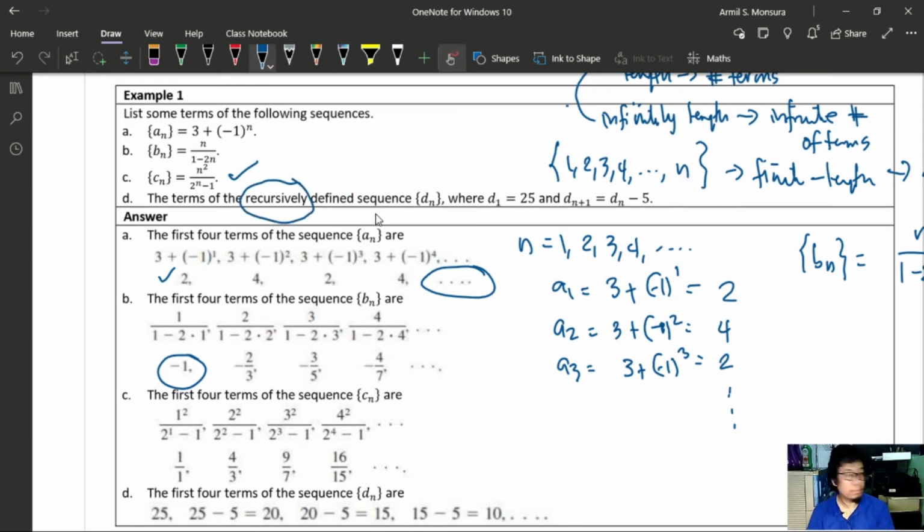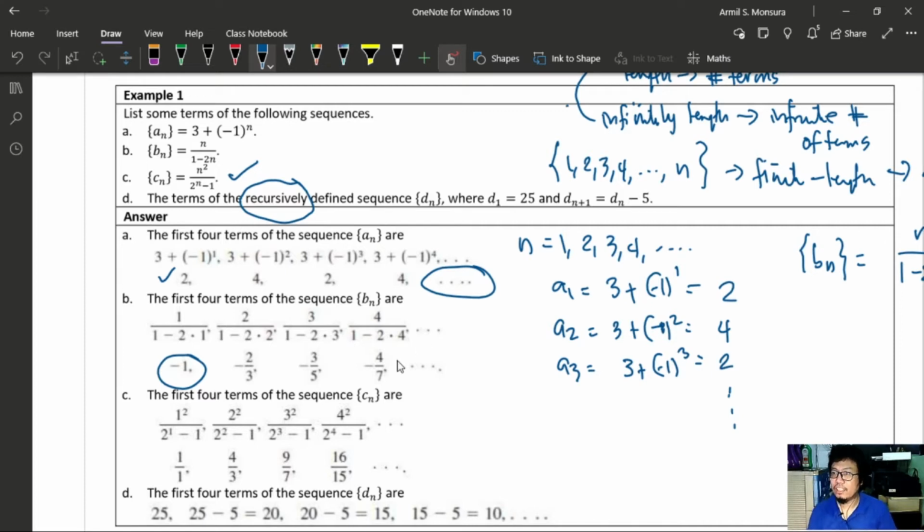When you say recursion, it means that for you to be able to determine the next term, you need the value of the previous term. If you want to determine the current term, the term for a particular value of n, you need to determine the value of the term before that n.